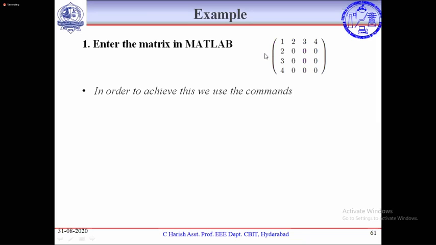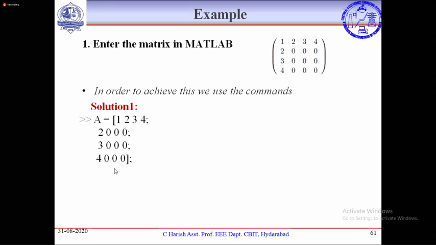Rashmit Reddy, are you listening? Please give me the answer for this one. Okay, I'll show the answer.